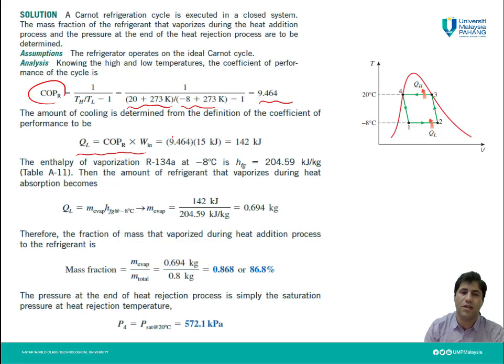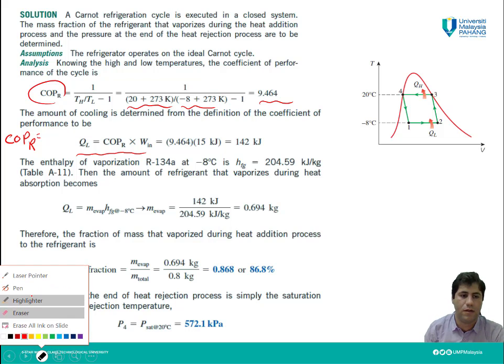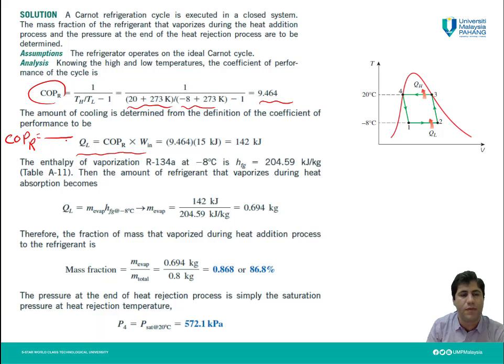And the energy which is required to run this refrigerator actually can be determined by this equation. COP, or coefficient of performance for a refrigerator, as you know, is the desired output to the provided input.